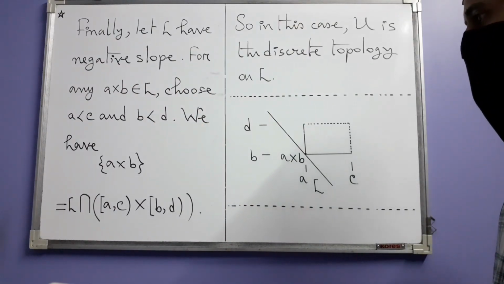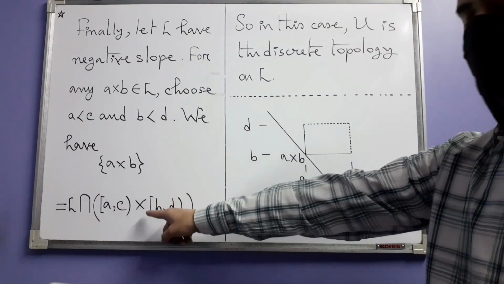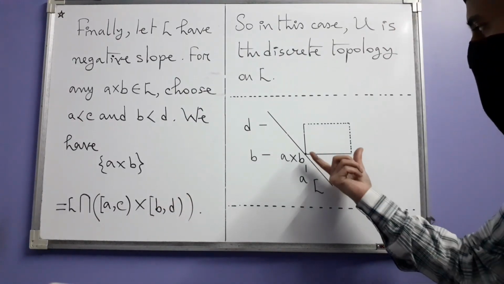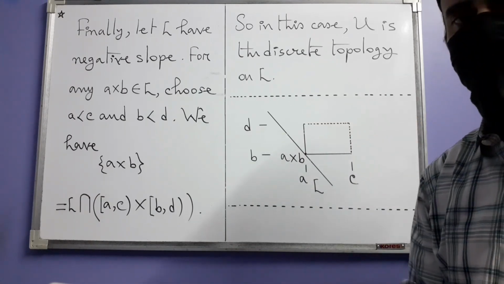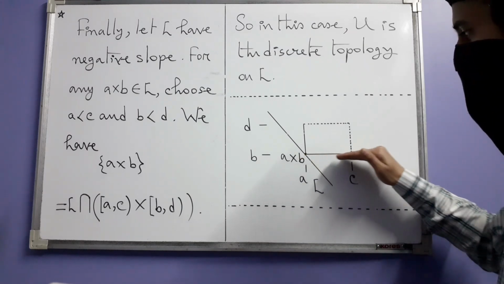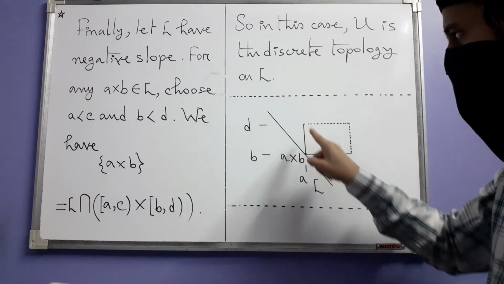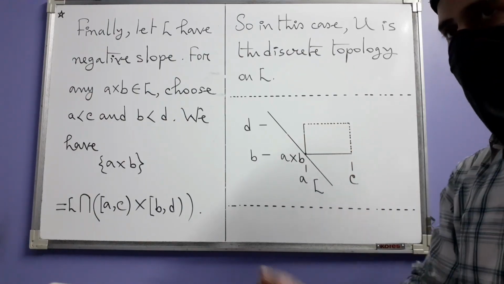And then we considered this basis element, A comma C times B comma D. So we are getting this rectangular region where you know by now that these two sides are included without these two endpoints, and also these two sides are not included.